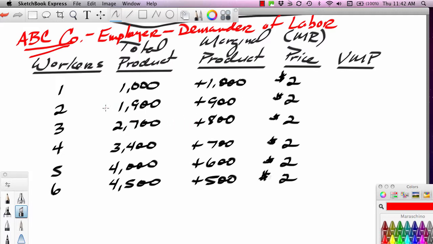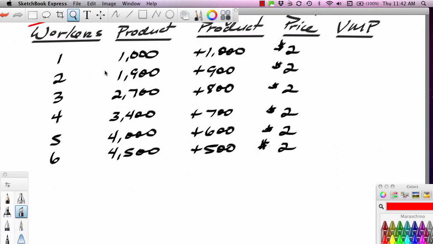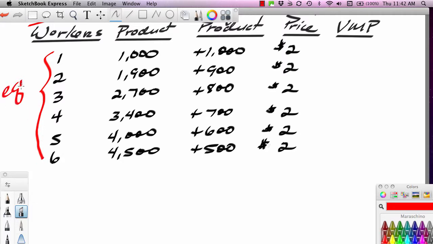So ABC company hires these particular types of workers. We are going to assume that all of the workers that ABC might hire meet a minimum qualification. So what we're assuming is all of the workers here are of equal quality. All right? There's no difference in the quality of each of these workers.